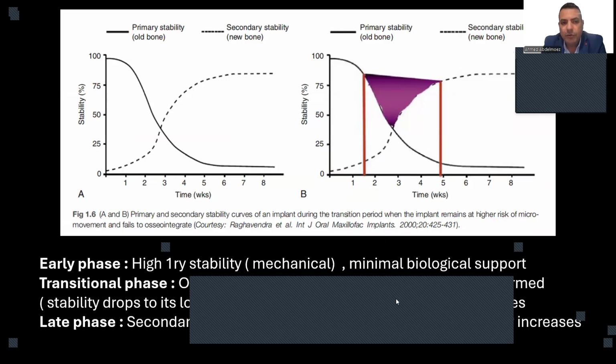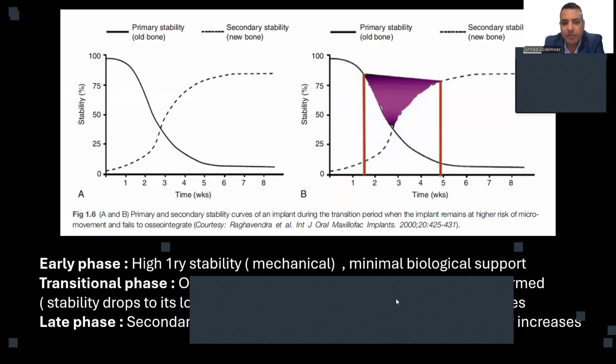It is also very important to know about the primary and the secondary stability. What we see in this figure is the primary and secondary stability curve of the implant during the transition period. Osseointegration requires bone apposition on the implant surface without any micro movement.